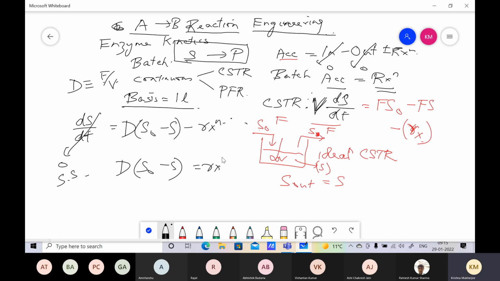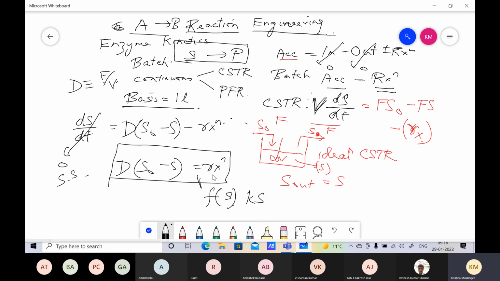This is the basic equation for a CSTR, which is quite different from the equation for batch cultures. Now notice that this reaction is a function of S and not S naught. That's an important point to remember. It could be any function of S. It could be K S as a simple first order reaction.